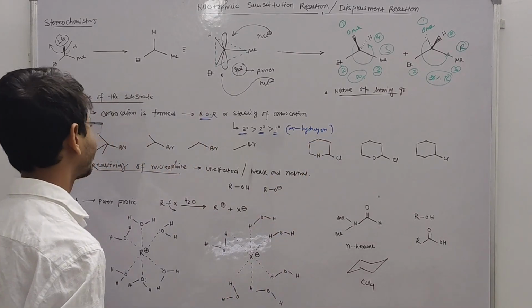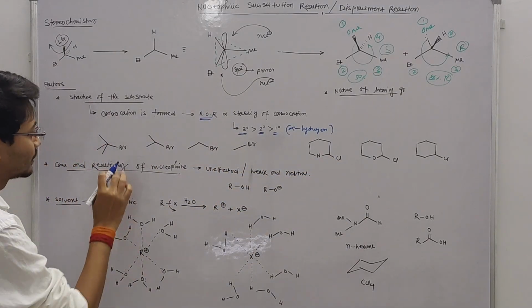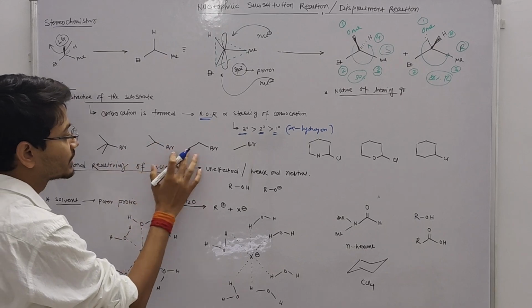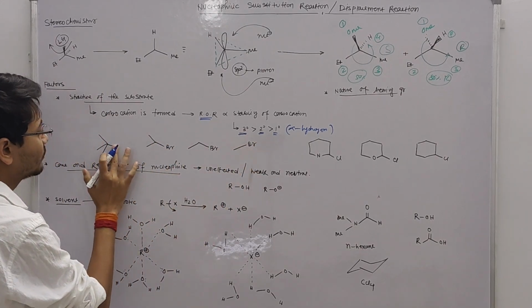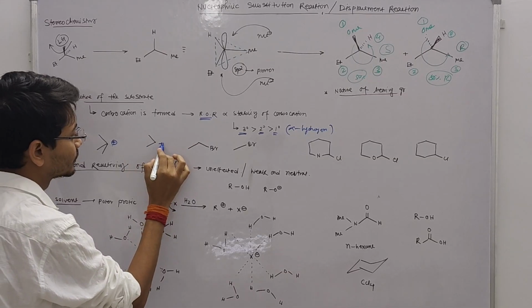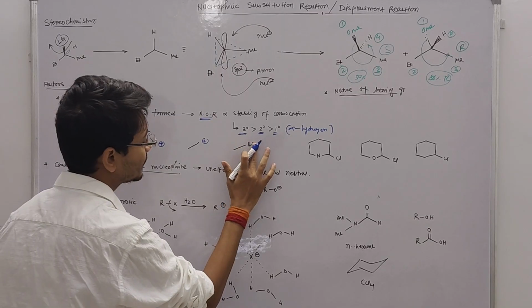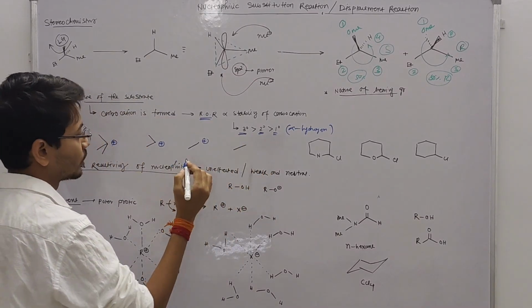Now as you can see here, I have taken these examples. For example, you are kicking out leaving groups like bromine and generating a carbocation here. This will make a carbocation, this will also make a carbocation, and this will also make a carbocation.